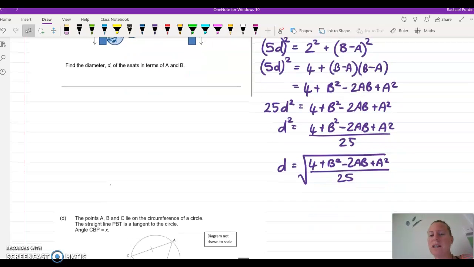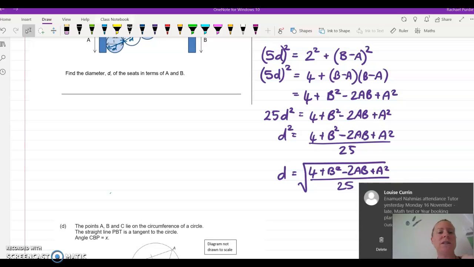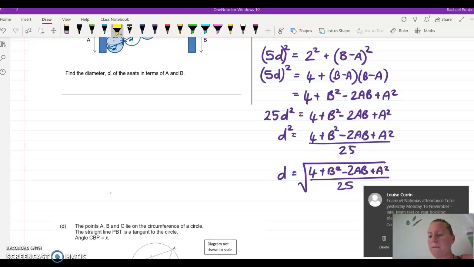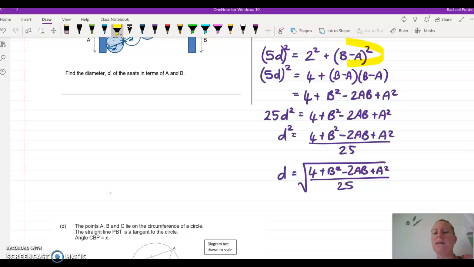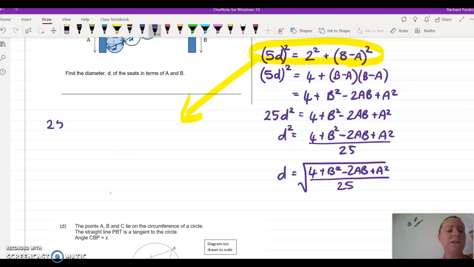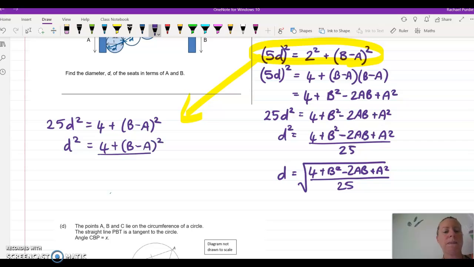So I could have written instead, it's simply this line here, this line here. We could have just gone from that to 25d squared equals 4 plus (b minus a) squared, and then divided that by 25. I just think this will look a lot neater. And then done the square root of all that.